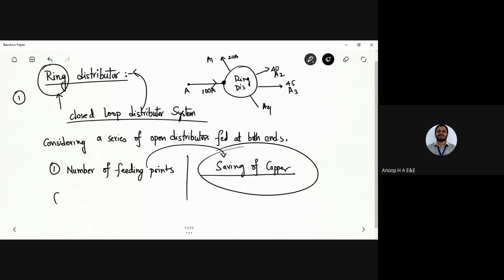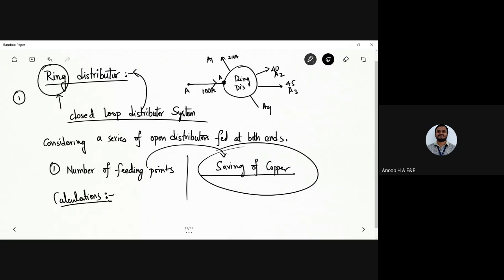Okay, so the calculation part is what we are going to deal with. In the calculations, in case I want to find out the voltage drop up to C, this is the point A, from where it is being fed.